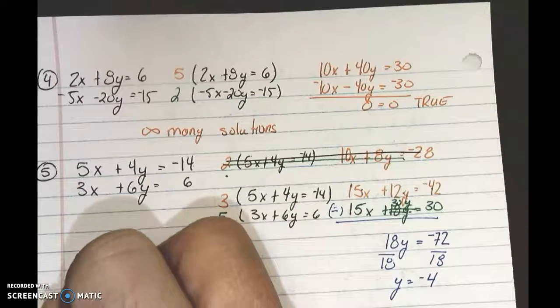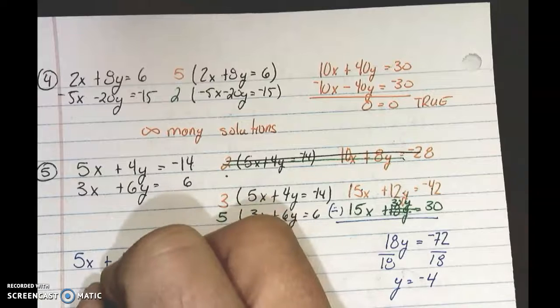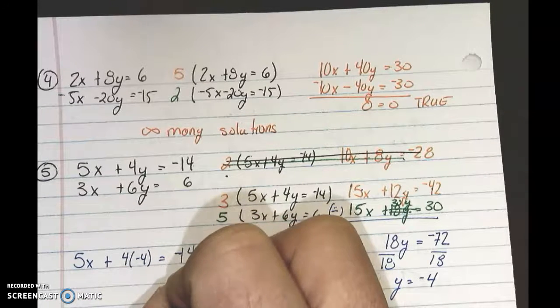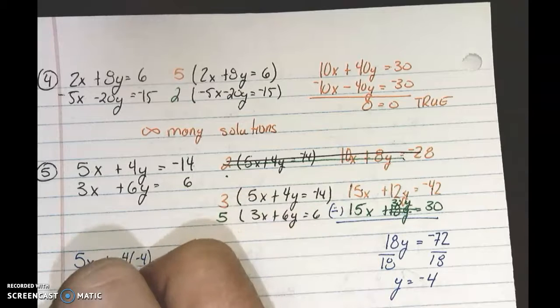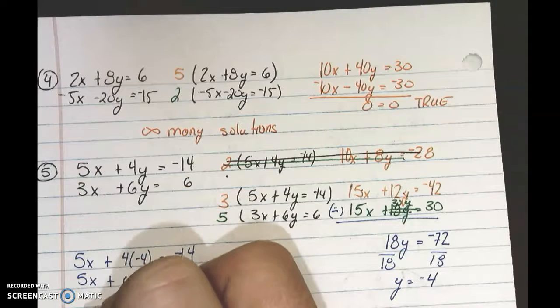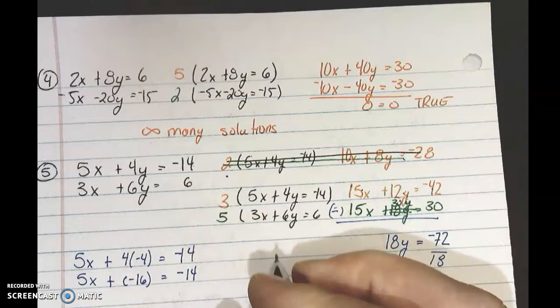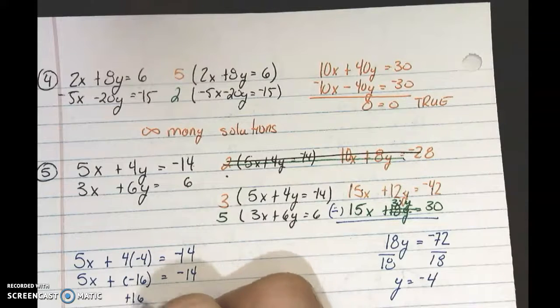So I'm going to go 5x plus 4 times 4, which is equal to negative 14. So then 5x plus 16 is equal to negative 14. I'm going to subtract 16.